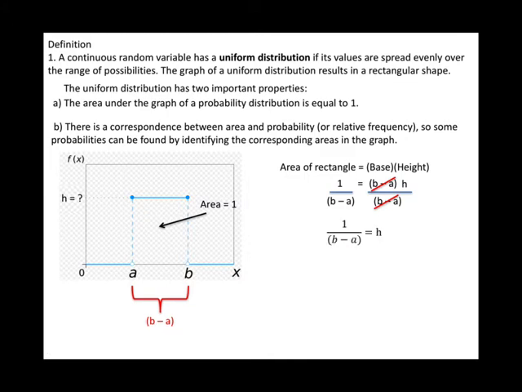So you could find that h will be equal to 1 over b minus a. So every time we're working on the uniform distribution, you need to figure out the initial value, the ending value, and also the height of the rectangle. And make sure you remember that the area of this rectangle will be equal to 1.